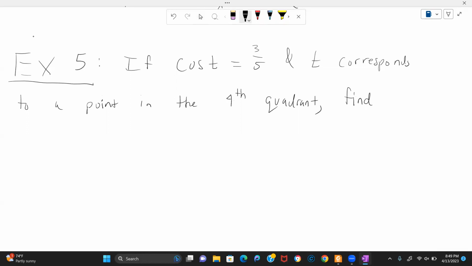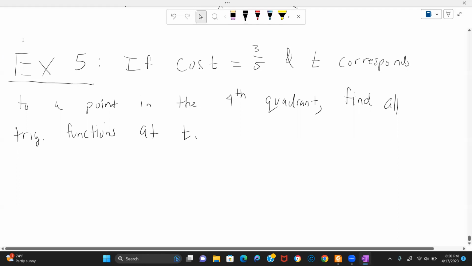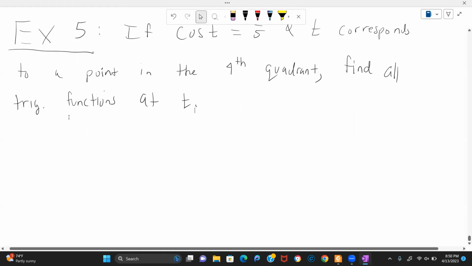So bear with me. We want to find all trig functions at this t value. Again, t is this parameter. I give you this t, you travel that many units around the circle, and it determines a point (x, y) on the circle in the coordinate plane.